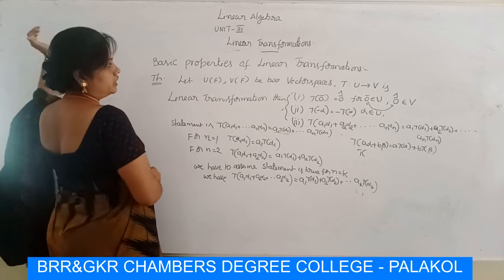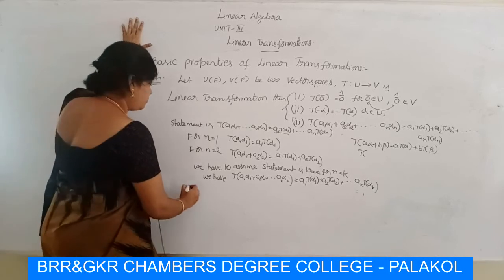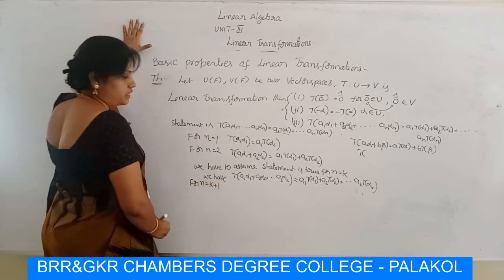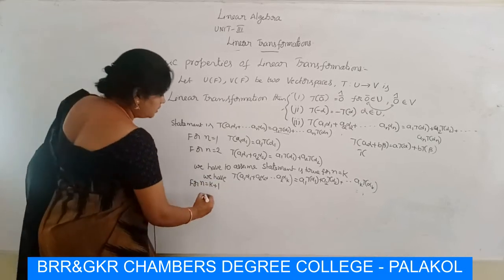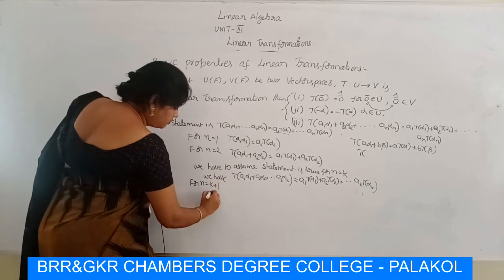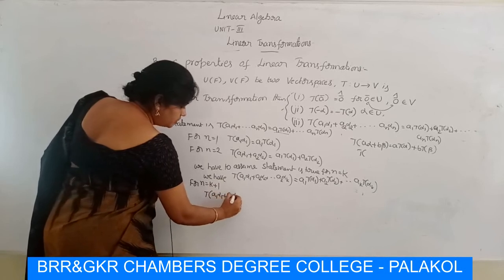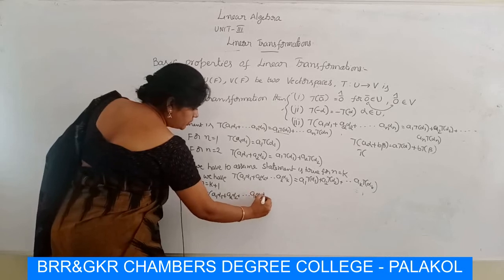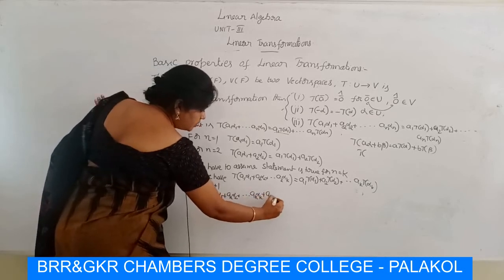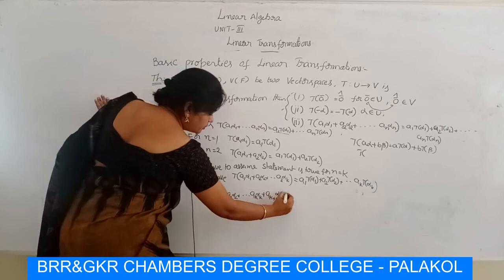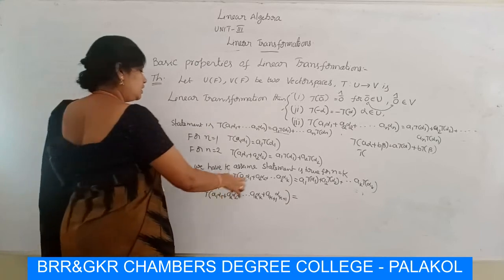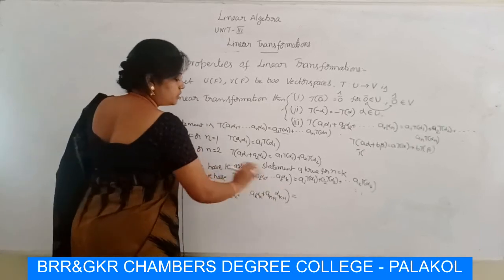So we prove that the statement is true for n equal to k plus 1. So we take n equal to k plus 1. The left hand value is T of a1 alpha 1 plus a2 alpha 2 plus and so on ak alpha k plus ak plus 1 alpha k plus 1, which is a sum of k plus 1 vectors.